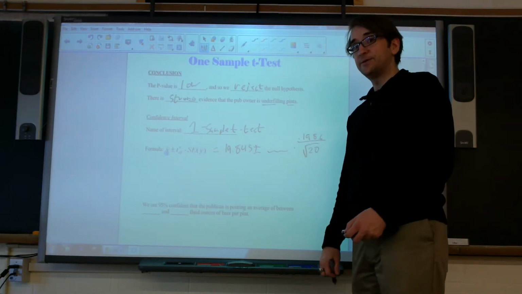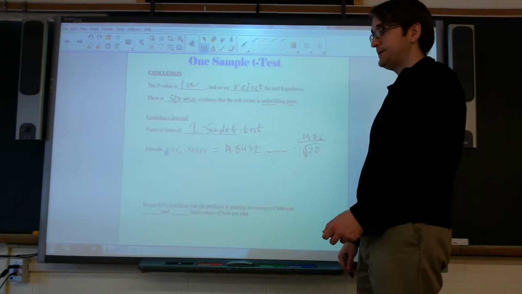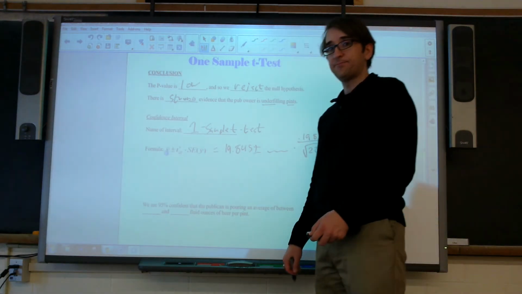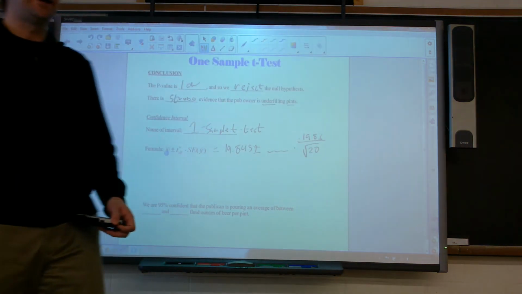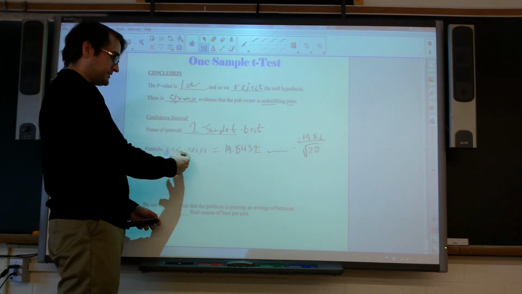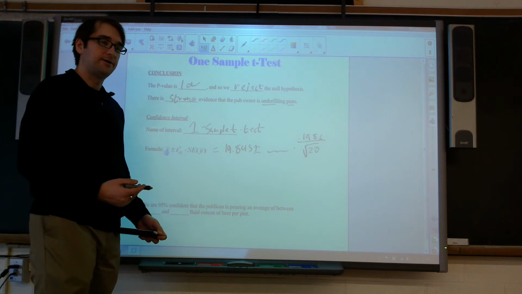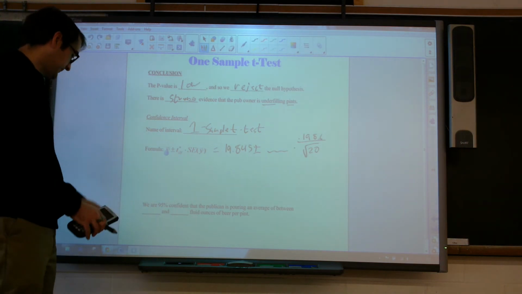Now, getting the critical value. A couple ways to do that. There's a table in the back of your textbook, and you'll get a copy of this table in class, that will give all the different t-stars for all the different confidence levels you would want. It's going to look something like this.